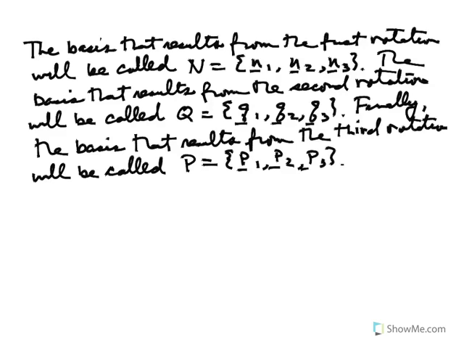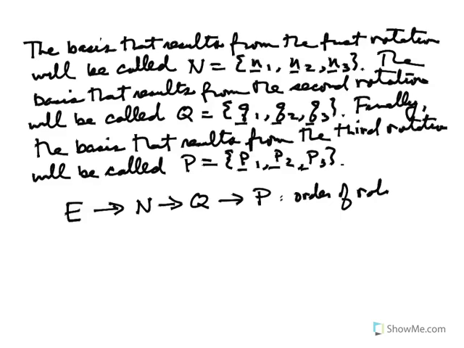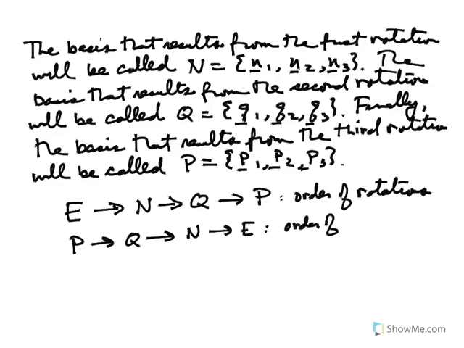So these rotations go like this. They go E to N to Q to P. That's the order of rotations. Now, as we're going to see, the order of the transformations is actually the exact opposite of that. It's going to go from P to Q to N to E. This is the order of transformations.